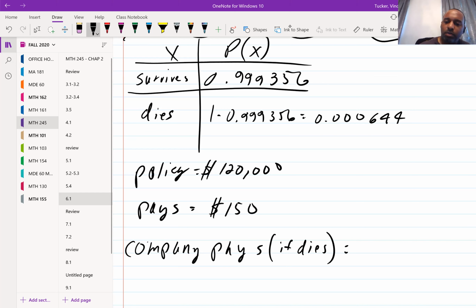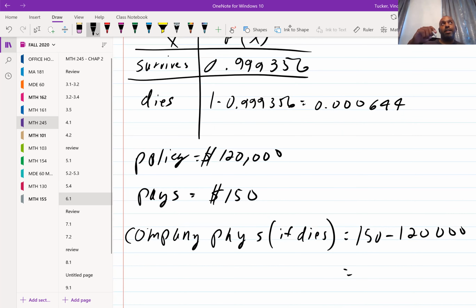They would do 150 minus 120,000, because basically the lady only paid $150 for the policy, but if the lady dies, then they have to come out of their pocket 120,000.